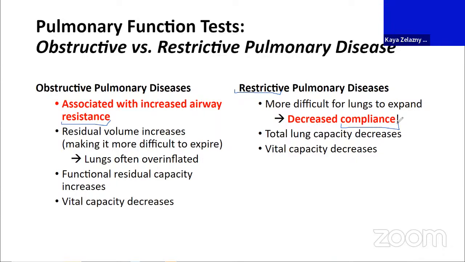Obstructive ones, because we have changes to resistance. Restrictive pulmonary diseases, because we have difficulties with compliance. Lower compliance means it's harder to breathe. So we'll get into exactly how these are associated with these specific lung capacities next time, and examples of how we might test for these two types of diseases.